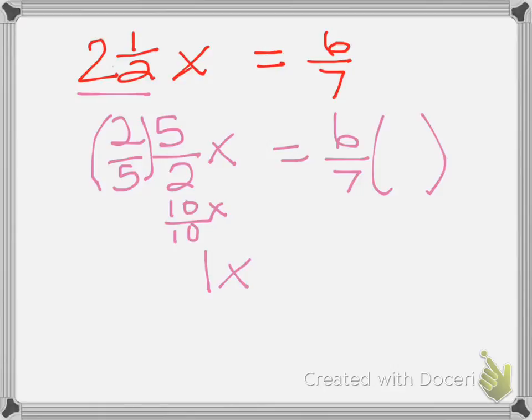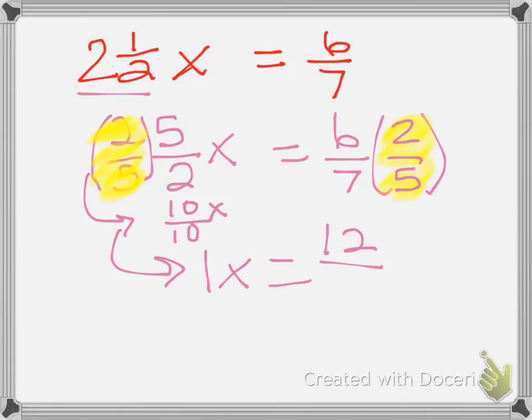So that's the method used to kind of get down to the final answer there. And whatever you do to one side, so here I've multiplied by 2/5, I need to then multiply by 2/5 on this side. 6 times 2 is 12. 7 times 5 is 35. And that cannot be simplified anymore.